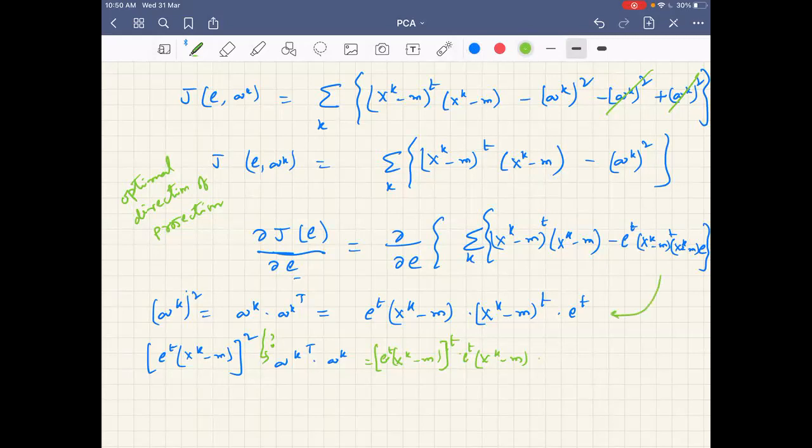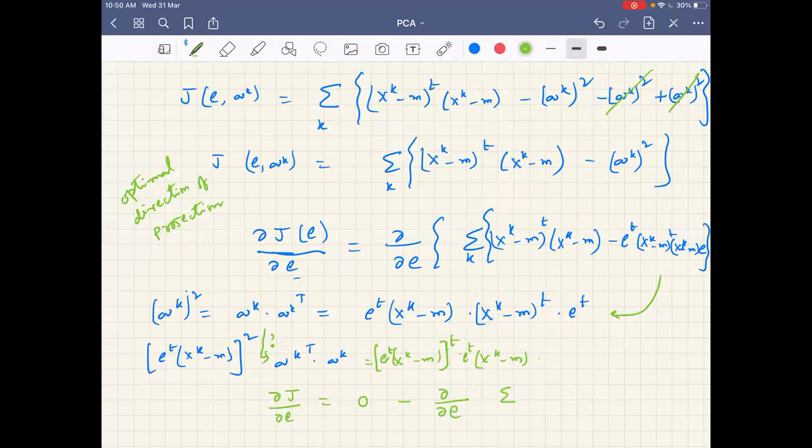Fine. So now, when I want to differentiate with respect to E, what happens to the first term? Is the first term dependent upon E? No. So I am putting 0. Second term, let me write the second term first: dou by dou E of the summation.